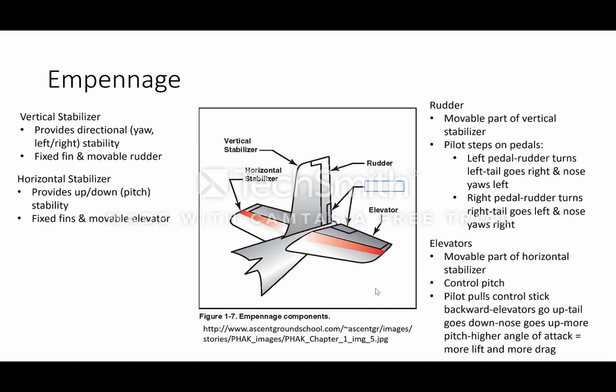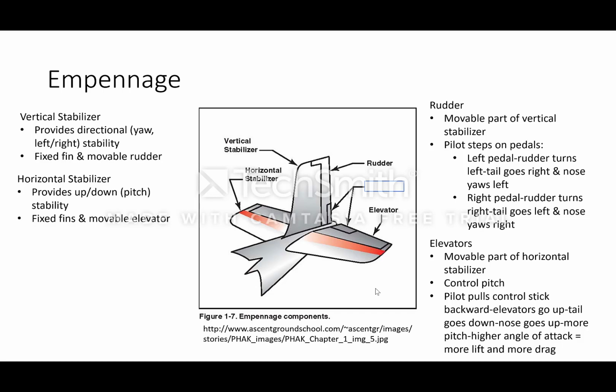That creates more drag above the horizontal stabilizer of the plane. So it pushes the back of the plane down, right? Because now there's more pressure above the stabilizer. So it pushes the back of the plane down.